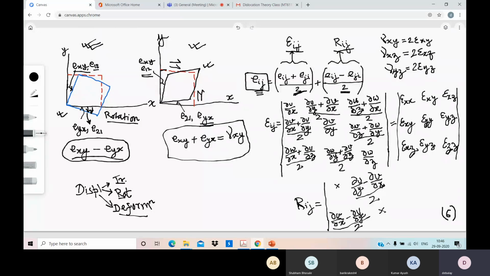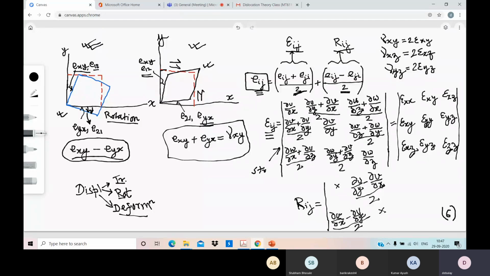So basically the relative displacement tensor I am dividing into two tensors, one tensor containing plus term and one tensor containing minus term. So see, the tensor containing plus term, epsilon ij, I am now calling the strain tensor. So this particular tensor is my strain tensor.